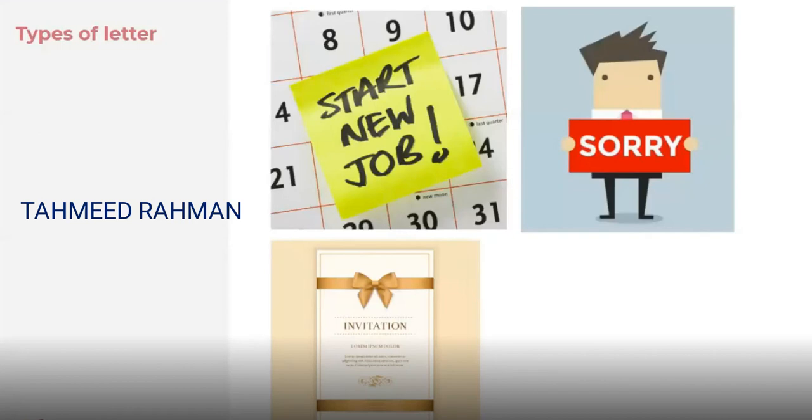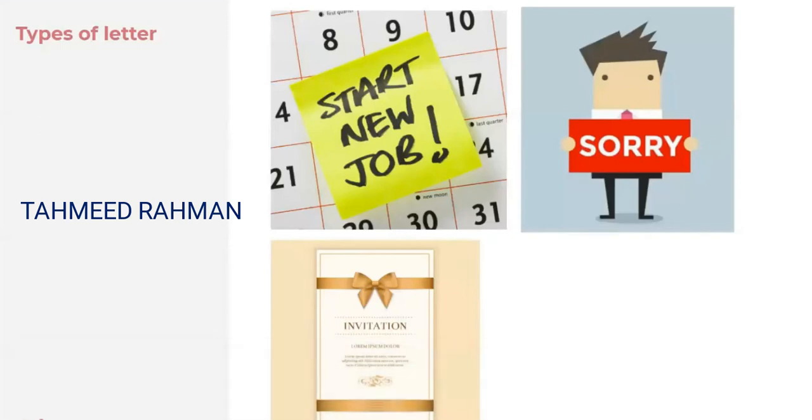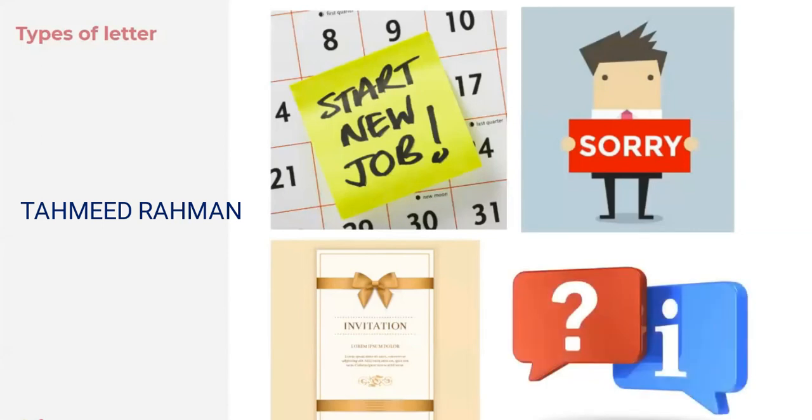Sometimes the letters might also have to be about invitations given out. For example, the letter we just saw here was an invitation for your friend to attend your birthday, so that's an invitation letter. And sometimes it may be about asking information about a particular thing. So these are the main kinds of letters that we often see.